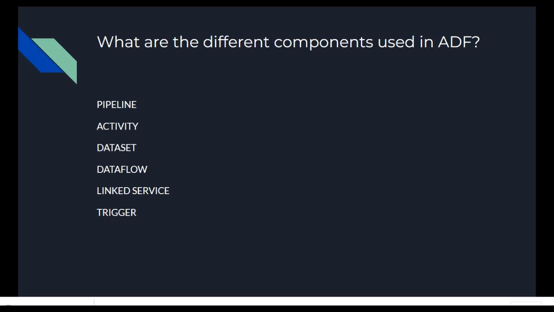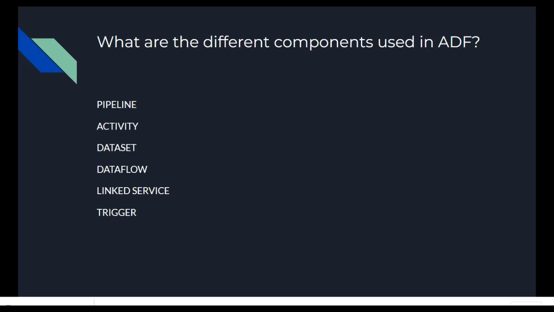There are many activities in Azure Data Factory. Coming to dataset, a dataset is nothing but a pointer to the data. Here we can create an input dataset for input data, and to store the output after the copy activity and performing some transformation, we can save that in an output dataset. It specifies the pointer to the data used in the pipeline activities.